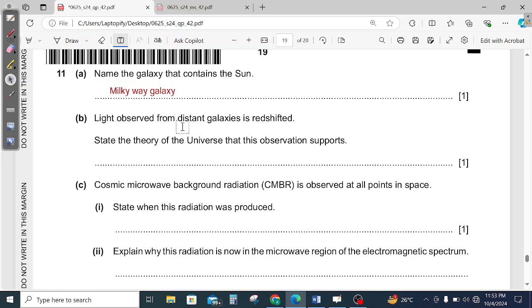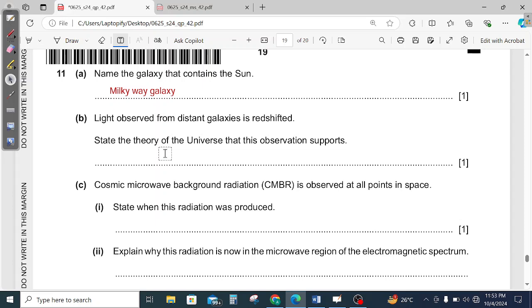The light observed from distant galaxies is redshifted. State the theory of the universe that these observations supported. Remember one thing, redshift is determined by the Doppler effect. It is mentioned in the last chapter of IGCSE physics. It has mentioned that our universe is expanding on a daily basis. So the light coming from distant stars or galaxies is shifted towards the red color.